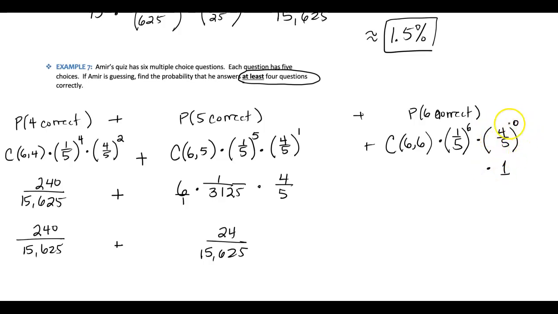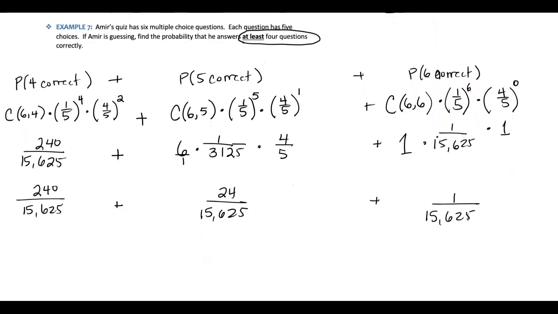So multiplying by 4/5 to the 0 power isn't changing the rest of our work. The combination of 6 choose 6 is 1. And 1/5 to the 6th power is 1 out of 15,625 times 1, for a total of 1 out of 15,625 to get all 6 questions correct.